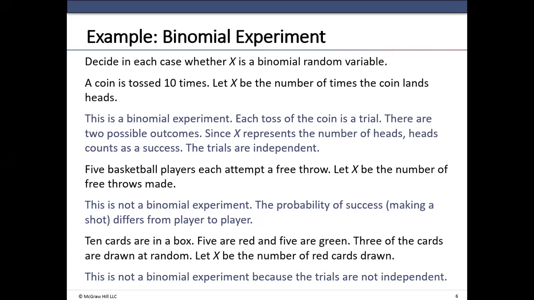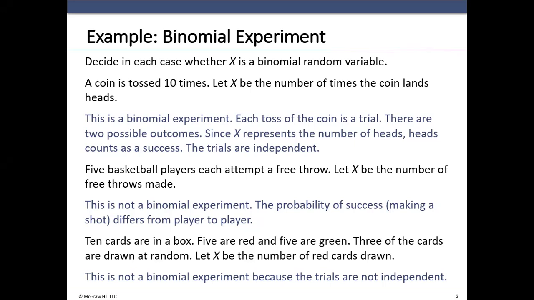10 cards are in a box. 5 are red and 5 are green. 3 of the cards are drawn at random. Let X be the number of red cards drawn. This is not a binomial experiment because the trials are not independent. Why are the trials not independent? Each time you take out a card, if you take out a red card and leave it aside, then the number of red cards is affected, right? Initially you had 5 red cards.